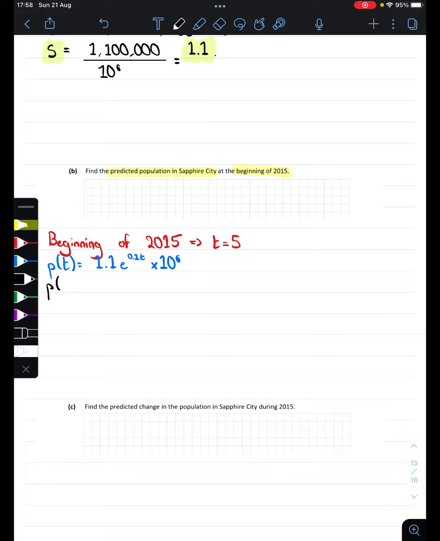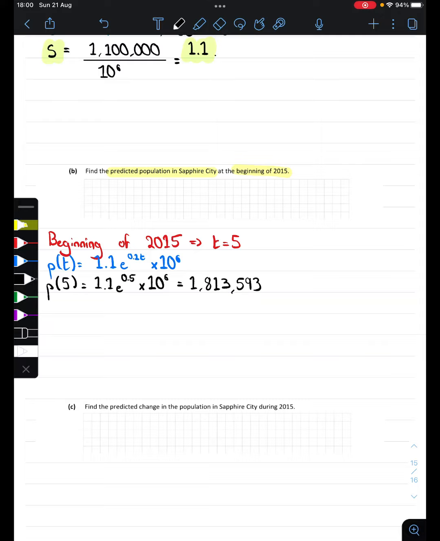So if we sub in 5 for t, the population after 5 years, then we get 1.1 by e to the 0.1 times 5, 0.5, by 10 to the power of 6, which equals 1,813,593.